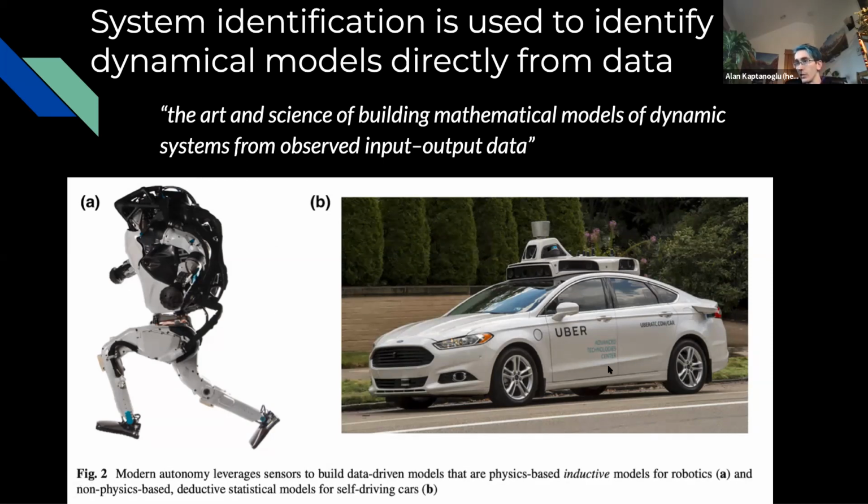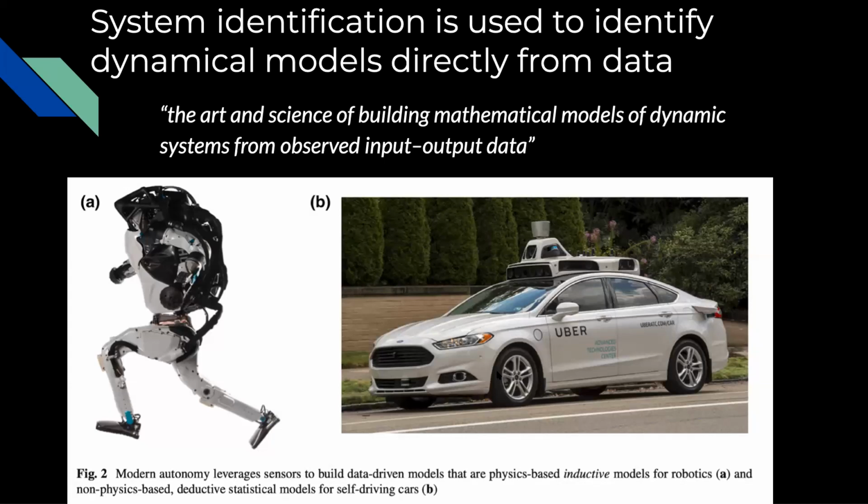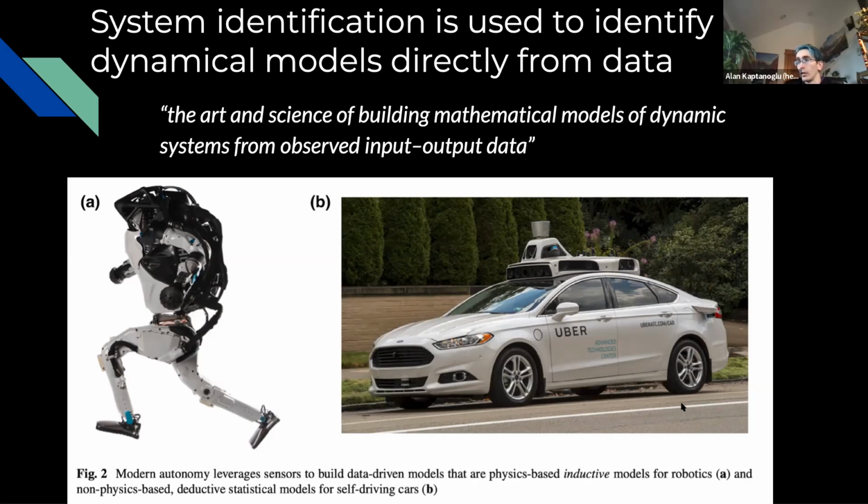The other side of the coin is statistical models that you might use for something like self-driving cars. These models have no idea what roads are, what people are. All they have is probabilistic models and probabilities for certain things appearing in the road.